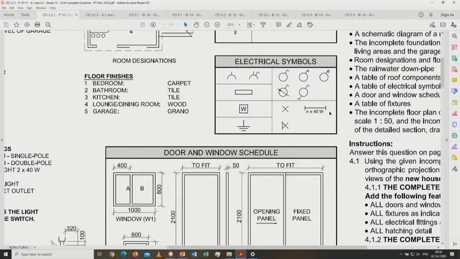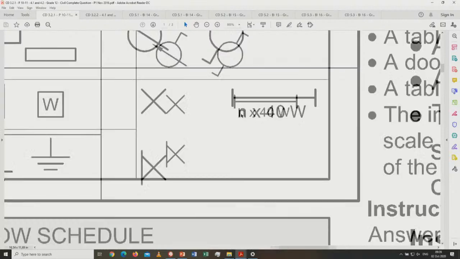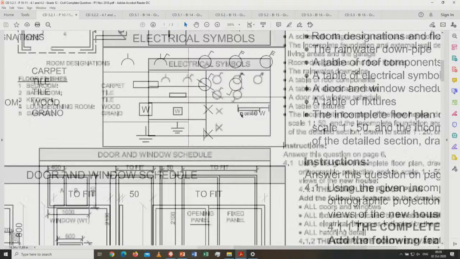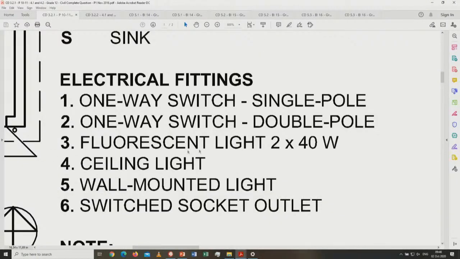I want to focus on this part over here. Can you see it says N of 40 watts? So the number you have to fill in, you have to understand where the number comes in. If I go to the electricity, it points out fluorescent lights over here, 2 of 40 watts. So you're going to put in 2 over there, not the N, because then you're not going to get the mark for that.